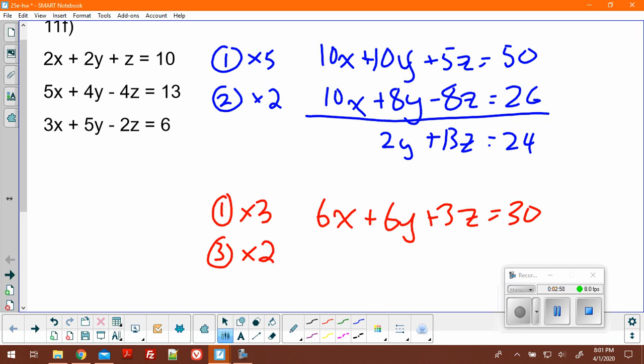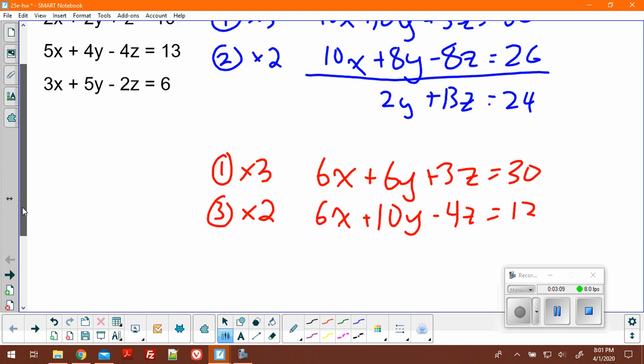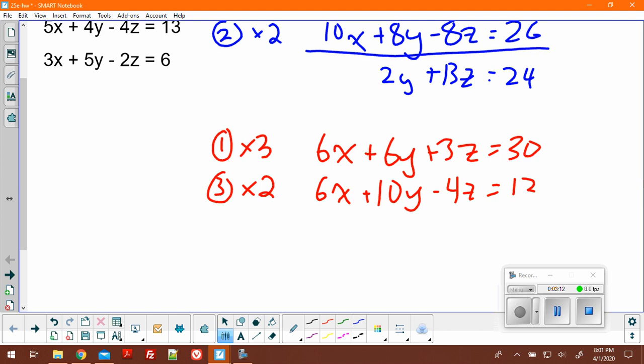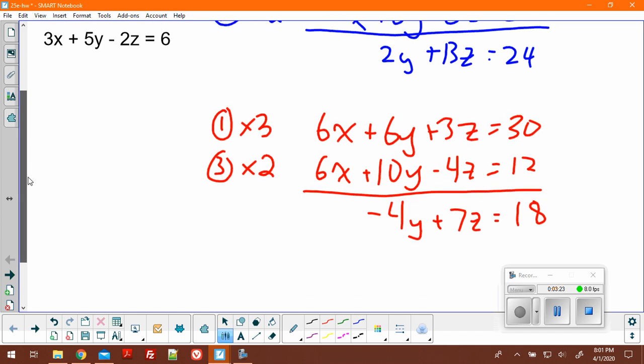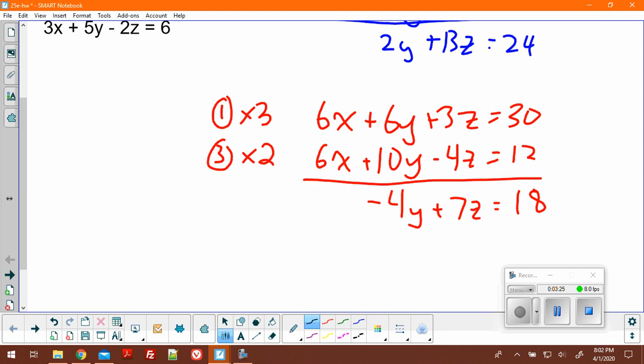So 6x plus 10y minus 4z equals 12. Now I subtract, so negative 4y plus 7z is equal to 18. So this is my equation 4 and my equation 5.